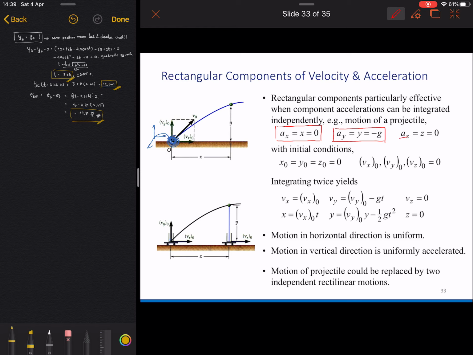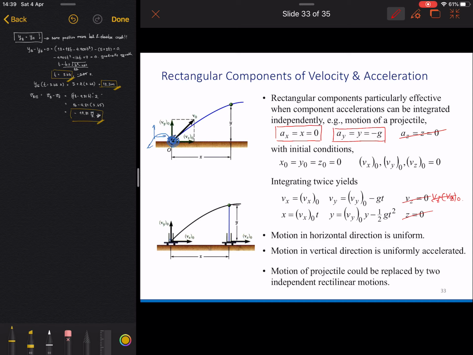Just neglect the z-axis, since this is a 2D problem. But if it is a 3D problem, then vz will also equal vz0. But this is 2D, so neglected.